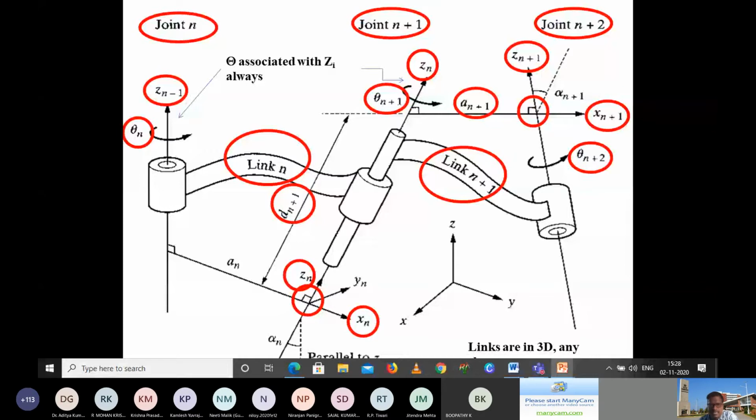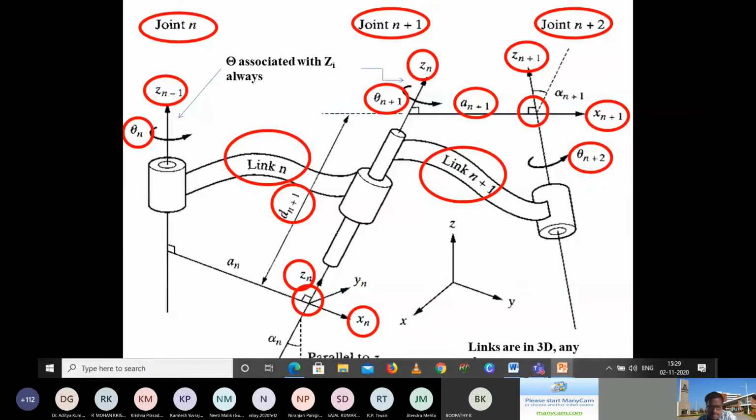Same thing here. I have joint n plus 1 and joint n plus 2. So the joint n plus 1 origin is different. That is here xn, zn, and then the joint n plus 2 axis is different, z n plus 1. So how this xn, zn and this x n plus 1 and z n plus 1 come to the same point by using different translations and rotations, we are going to see.